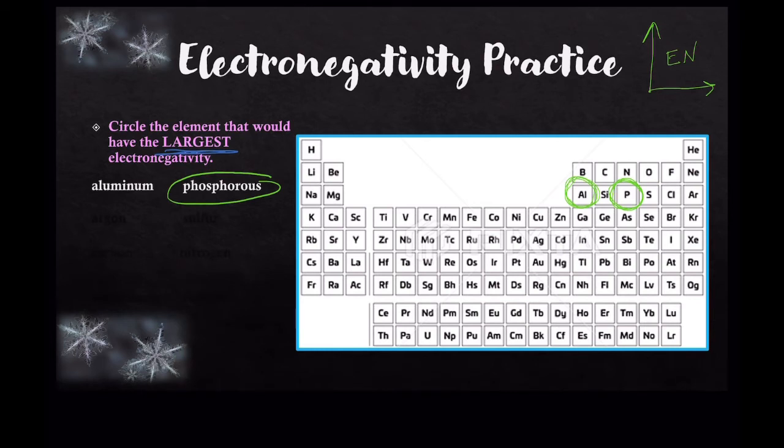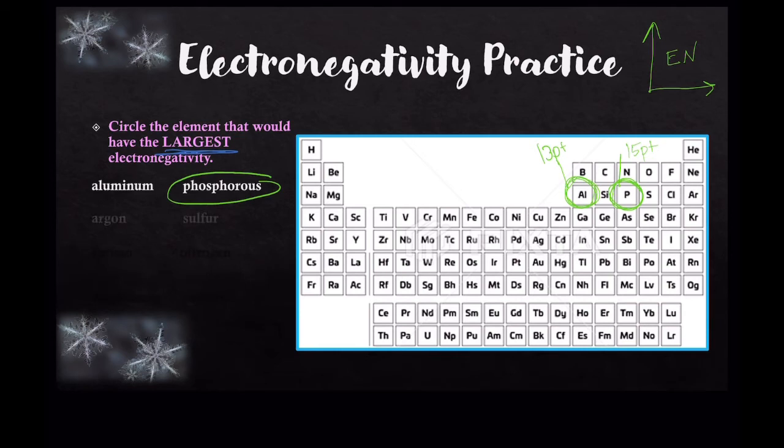They have the same number of core electrons. So because they're in the same period, we then get to look at the effective nuclear charge. Aluminum has 13 protons, and don't forget, it's a metal. Phosphorus, on the other hand, is a nonmetal, and it has 15 protons. So it's got the greater effective nuclear charge, and it's going to attract those electrons to it.